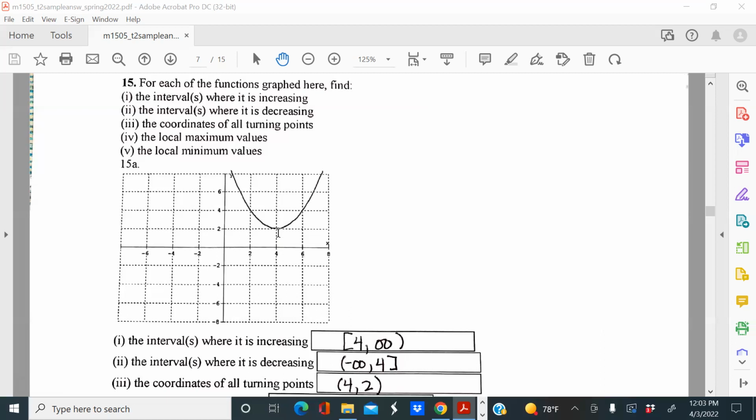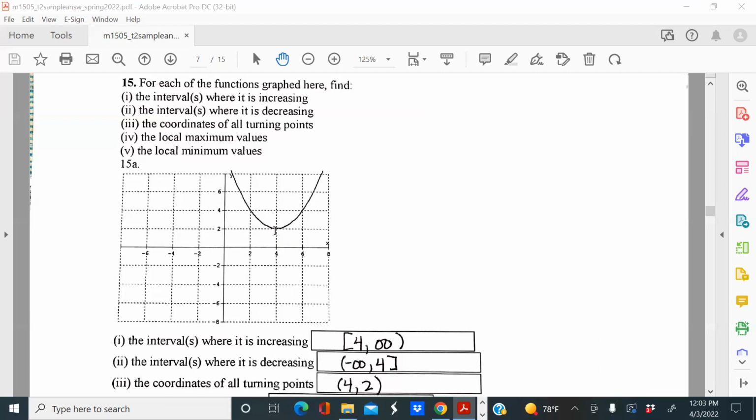Then of course it begins increasing where it stops decreasing, right? So that's also at 4, and it looks like it's going to continue increasing indefinitely along the x-axis to the right. So apparently that behavior extends to positive infinity. So here's where the curve is increasing. So we have a switch from decreasing to increasing right here at 4 on the x-axis.